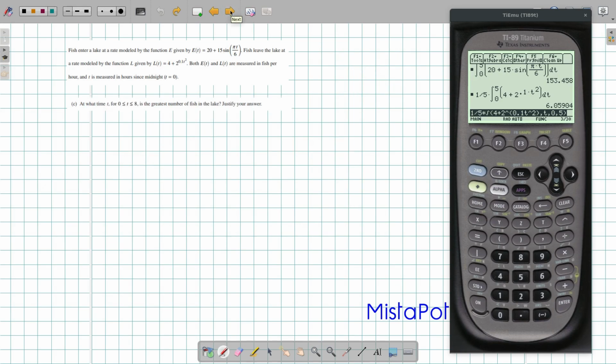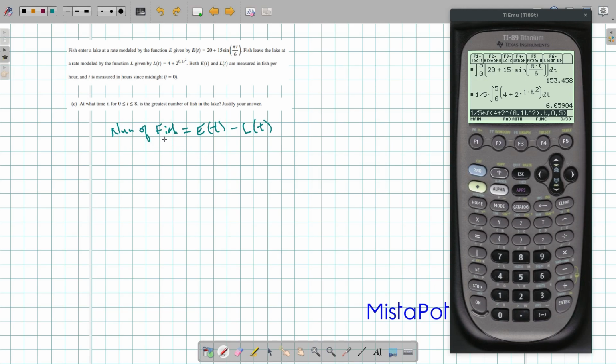On to part C. Part C says, at what time t for 0 less than t less than 8 is the greatest number of fish in the lake? Justify your answer. I can say that the number of fish can be given by the number of fish that enter at a particular time minus the number of fish that leave after a particular time.